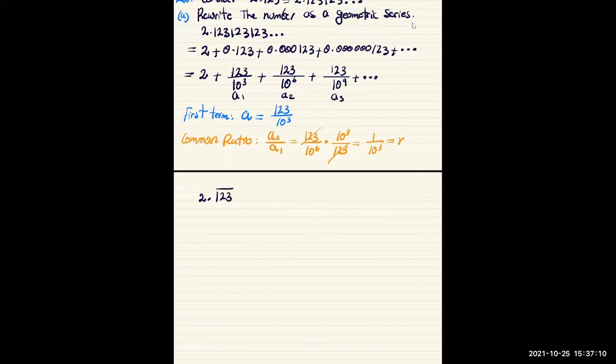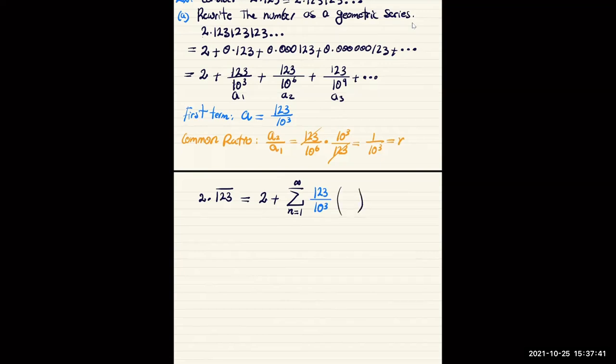2.123 repeating is the same thing as 2 plus, again, 2 is not a part of the geometric series, so I just do 2 plus the summation. And you can use n or you can use k. Going from 1 to infinity of a, which is 123 over 10 cubed, times r to the power of n minus 1.